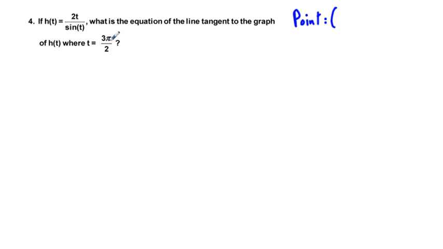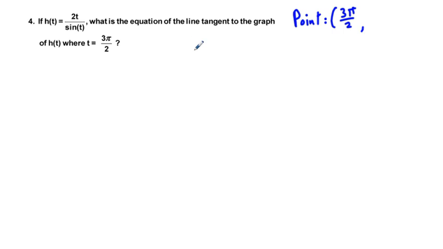and the point we have input value, I was going to say x value, but we have 3 pi over 2. And our y-coordinate, we don't have that yet. We'll have to locate it. We'll be able to do it here in a little bit. So, let's just plug that in.